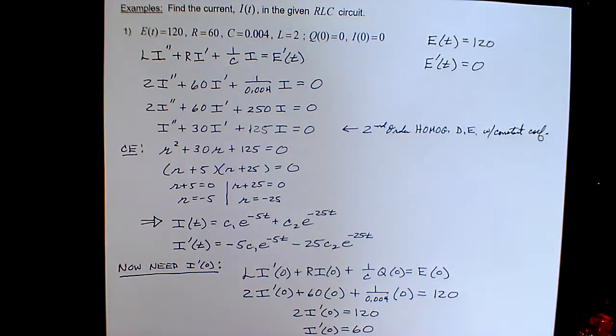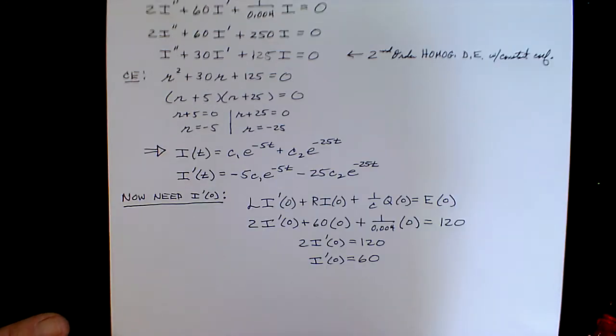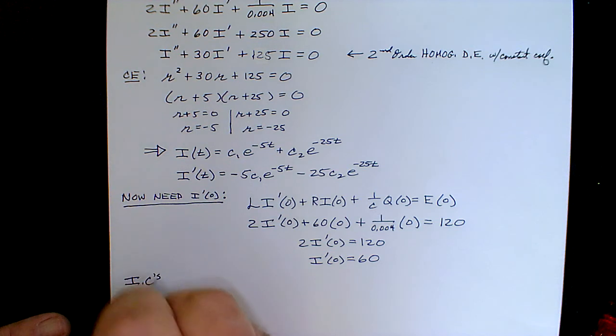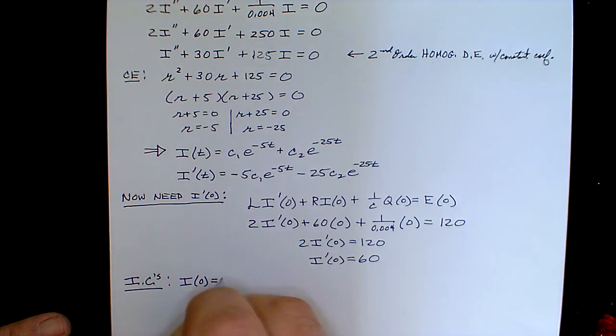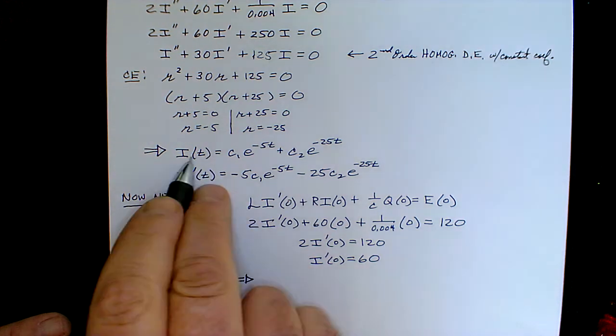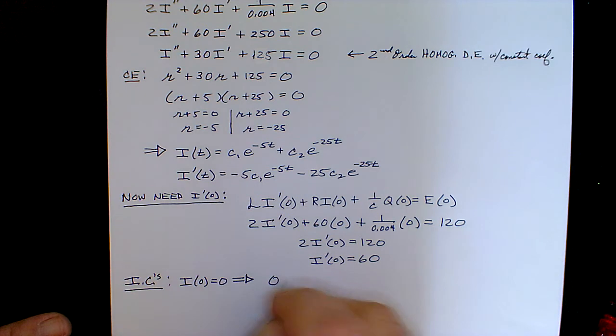Okay, so now with the initial conditions, the first initial condition, I of 0, which was given to be 0, is now equal to, go back up to the I of t, 0 equals C1 plus C2.